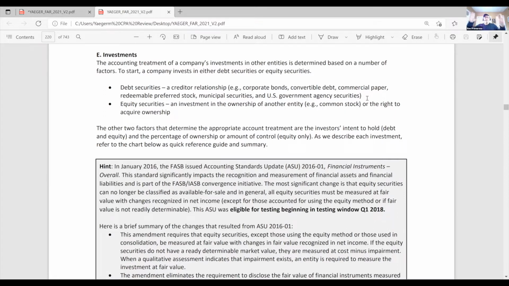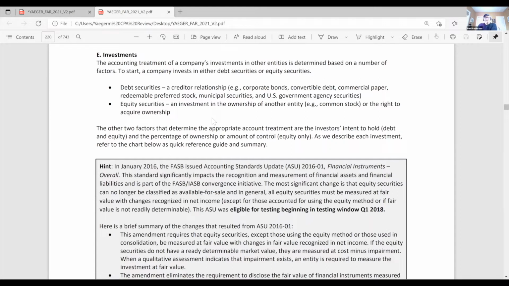The other two factors that drive the accounting treatment are the investor's intent to hold those investments, and the percentage of ownership that they have as a result of that investment, especially for common stock investments.